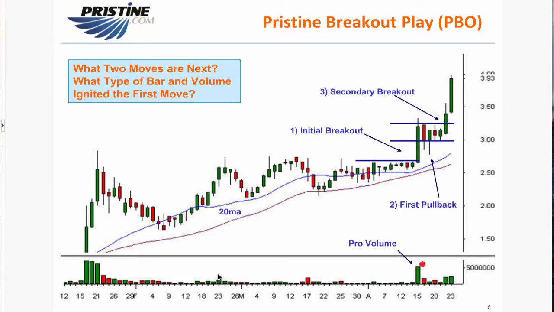Here, we had professional volume starting the move. We'd be looking for another wide range bar and novice volume to end the move. And that would also suggest that we are now likely going to see that pullback from a climactic sell setup occur.